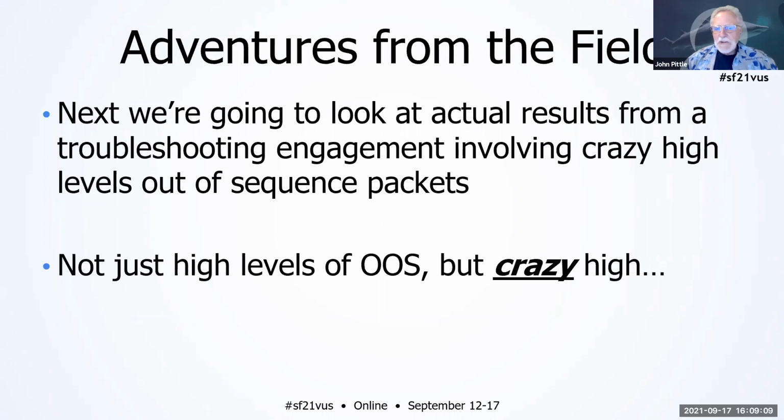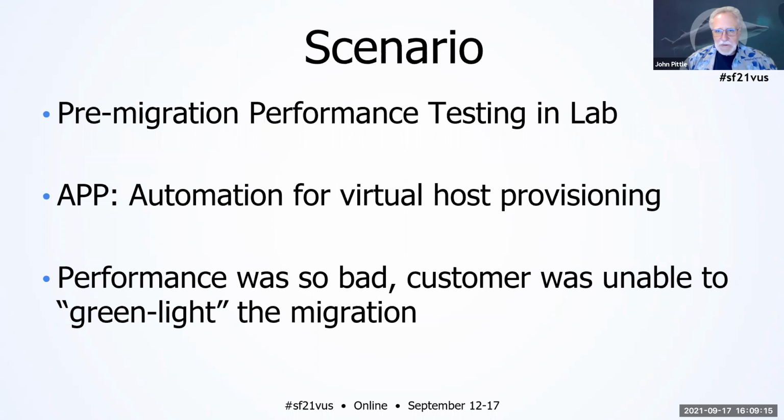What we're going to see is not just high levels of out of sequence packets, but crazy high levels of out of sequence. We're looking at a pre-migration performance test in a lab. They were testing virtual automation for virtual host provisioning.